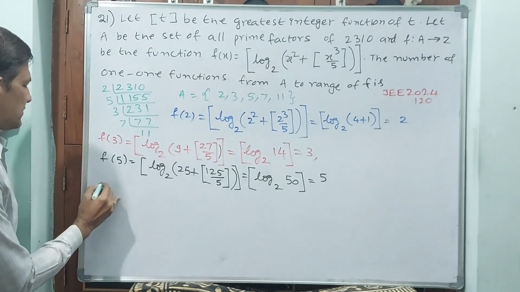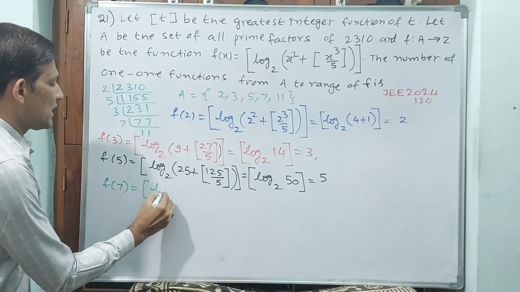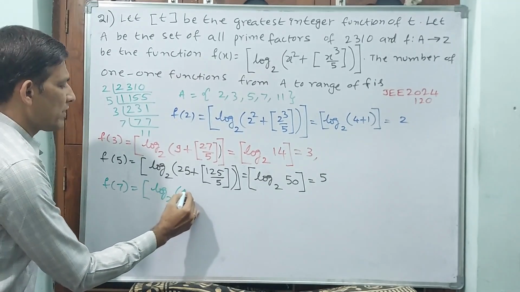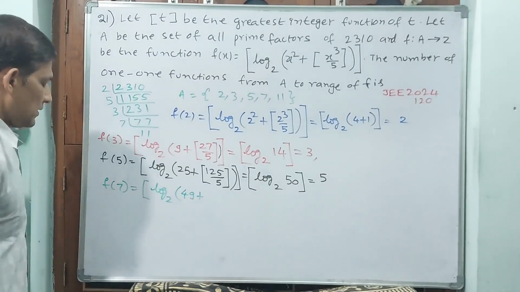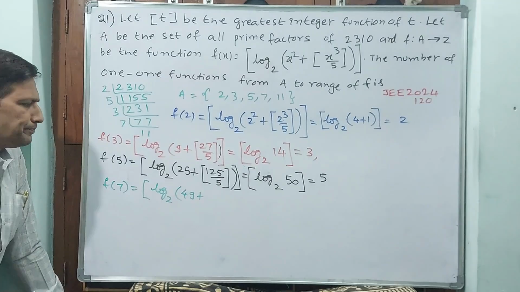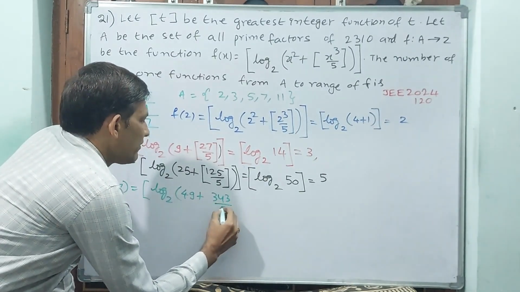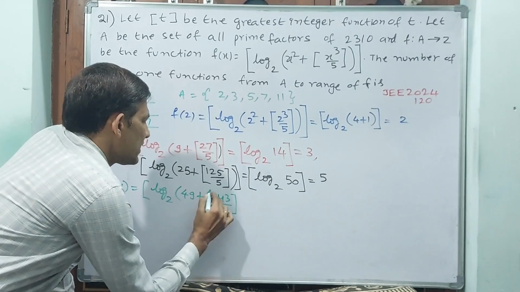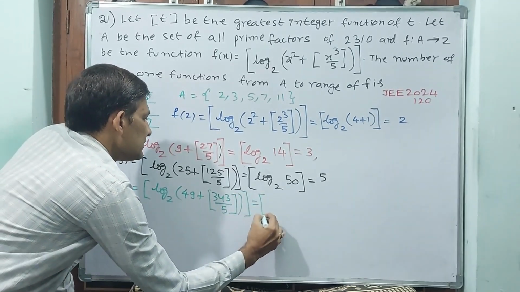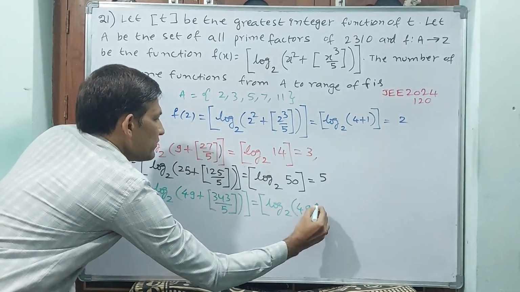Let us go for f of 7. Log of base 2, 7 square 49 plus 7 cube 343. Okay, 343 by 5. But this should be under the greatest integer. Close ordinary parenthesis, again greatest integer, log to the base 2. 49 you keep like this only.